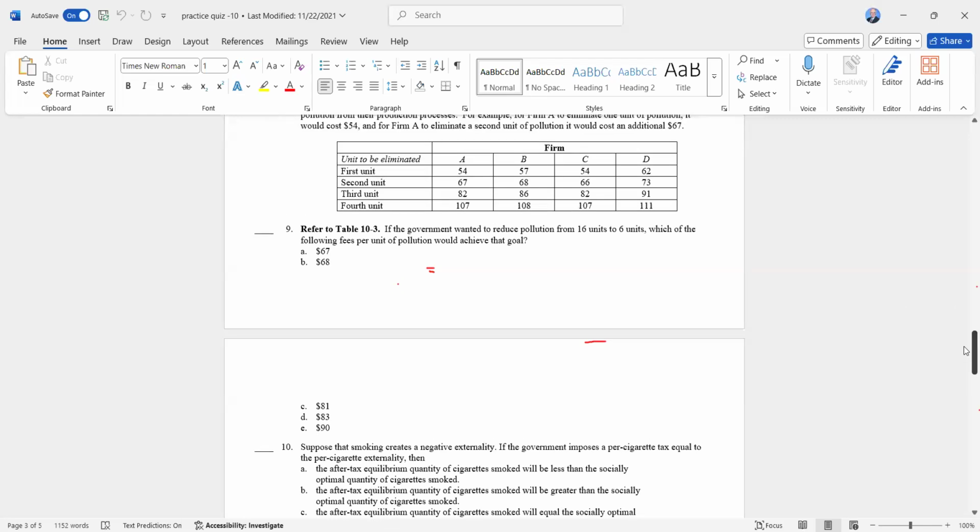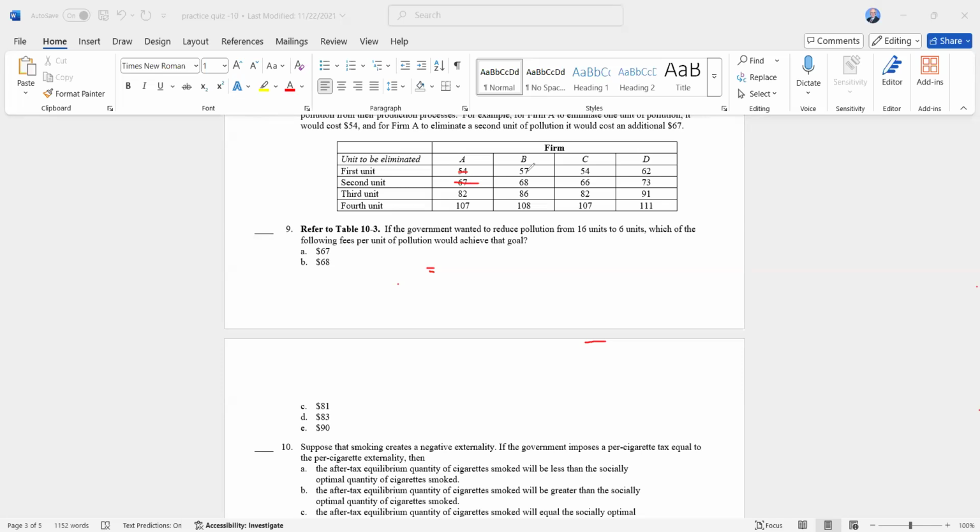Now, if the government wanted to reduce pollution from 16 units to 6, so they're trying to get rid of 10 units, how do I know how to do this? So let's just look at A, because this is trial and error. If the government's giving me $67 to get rid of the first unit of A, the second costs 82 to get rid of the third.